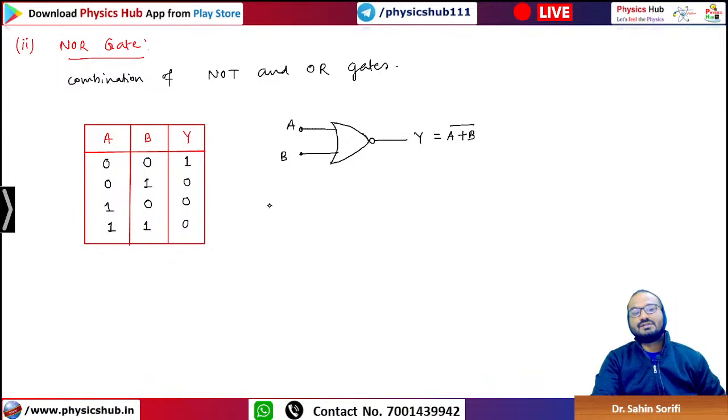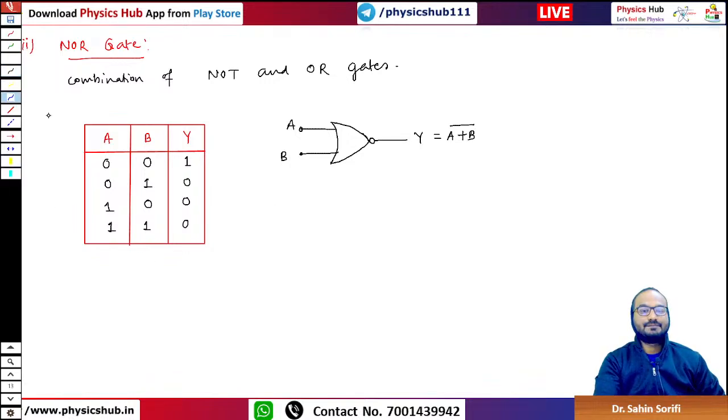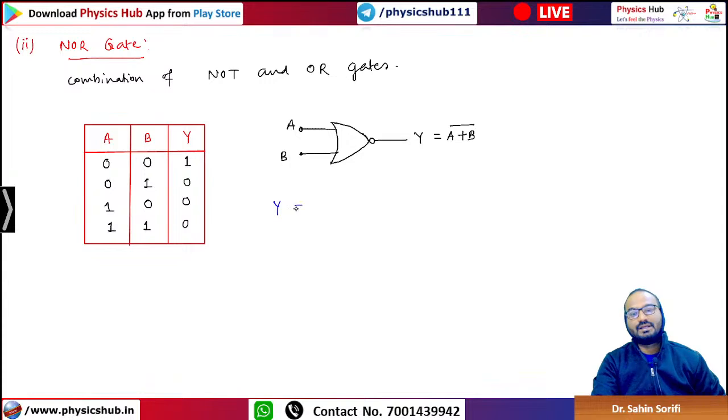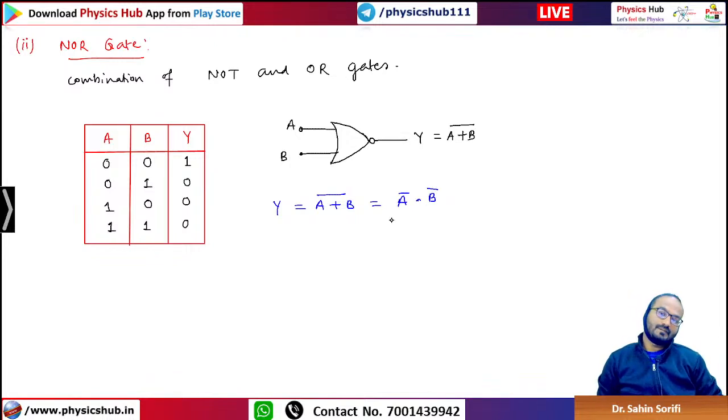Now apply De Morgan's theorem again. Y is equal to (A plus B) complement. We can write A complement dot B complement. A complement is what? And B complement, and this is an AND operation.